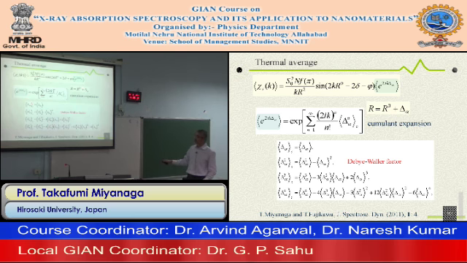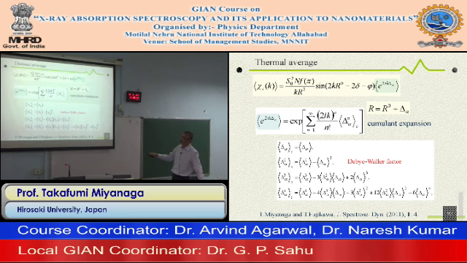There are the first, second, third, and fourth order cumulants, and these are what we call the moments. The second order cumulant has the thermal average of the square of the displacement.